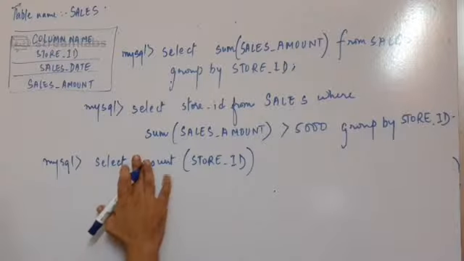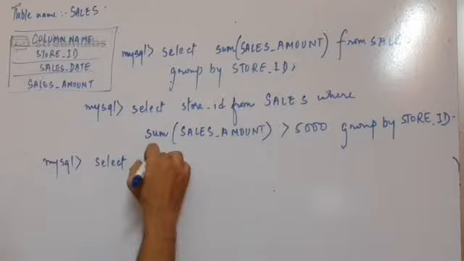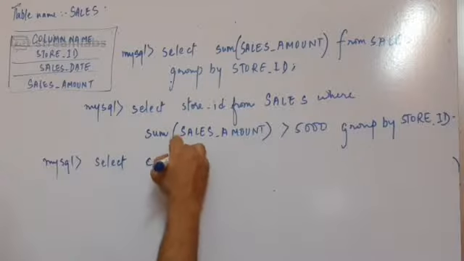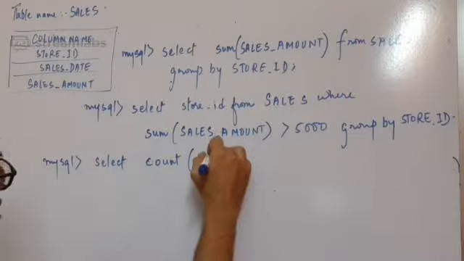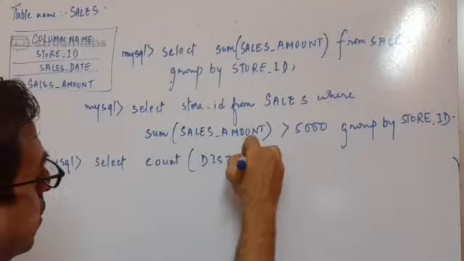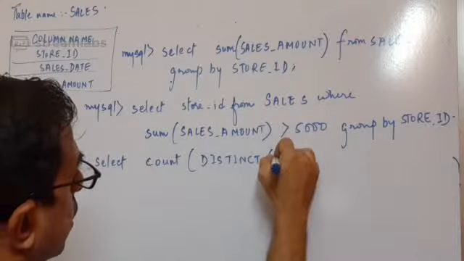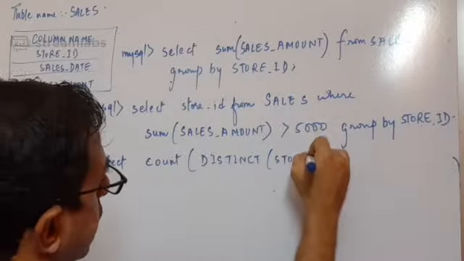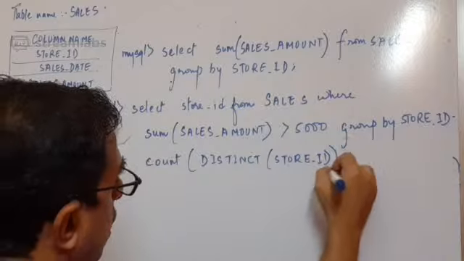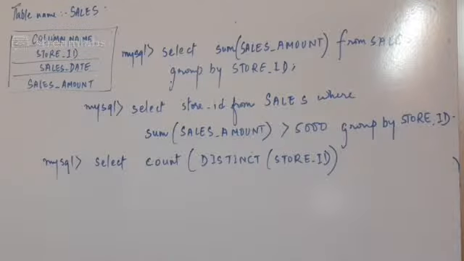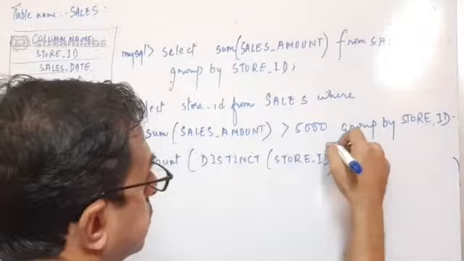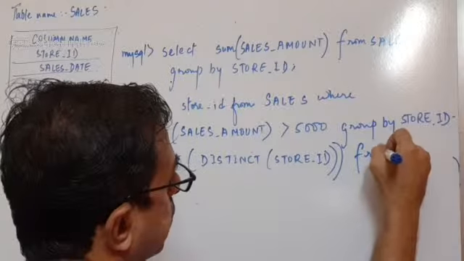Or you can just write it this way, you can make it a nested one also. Select count, and instead you'll be writing distinct store_ID from your table name, which is sales.